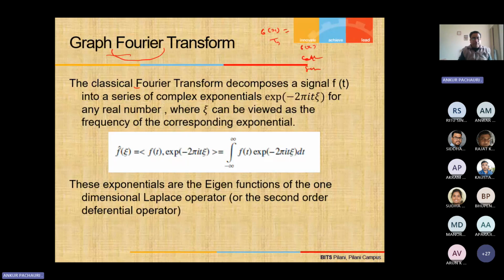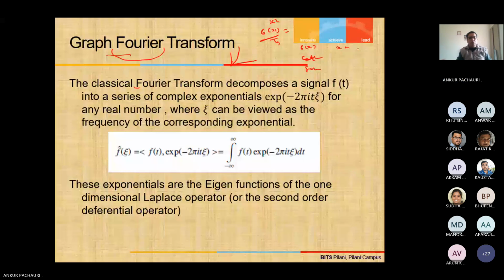Ultimately, we were converting any function, any behavior. So f(x) may be x square. If we were trying to find the Fourier transform of x square, we were representing it in some form of x plus some cosine terms, some 2 pi i, and so on, cosine theta of 5 or something like this.